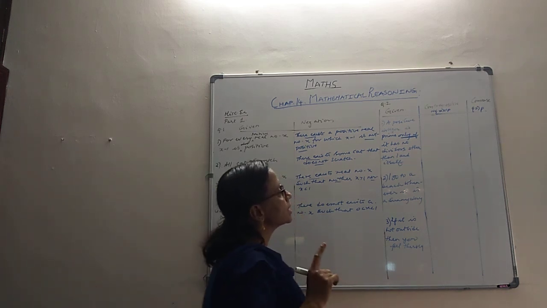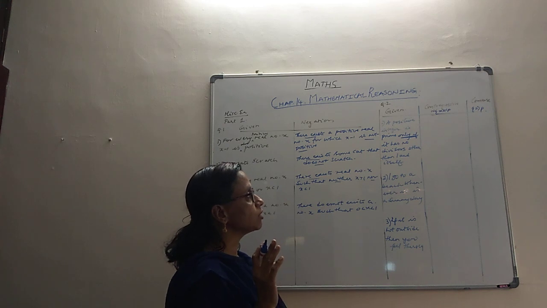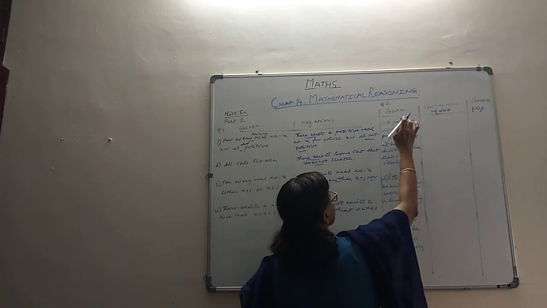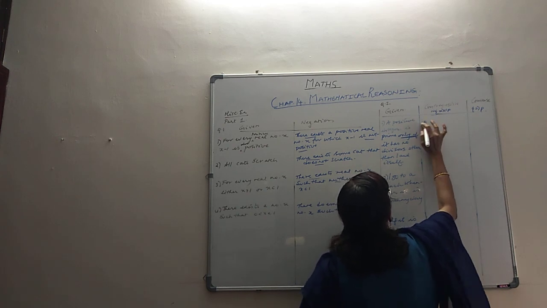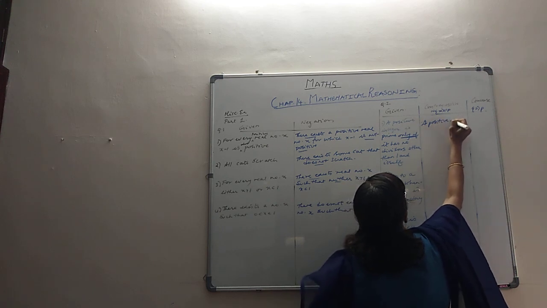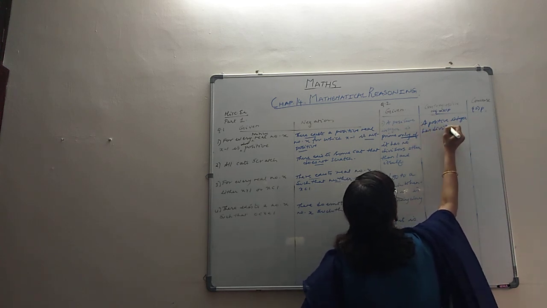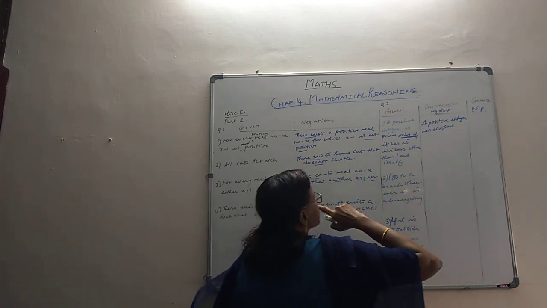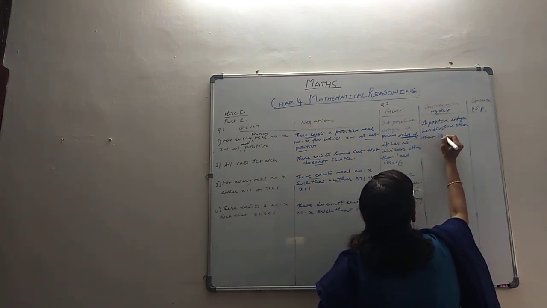It has no divisors other than one and itself. So it is following the same order as if then. That is why when we write the contrapositive, negative Q implies negative P. So the negative of this will imply the negative of this. It has no divisors other than one and itself, so a positive integer has divisors other than one and itself.